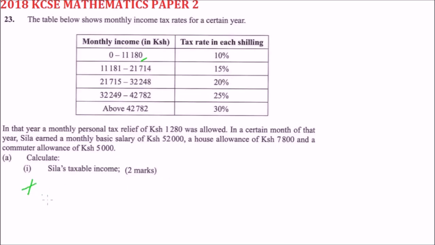Taxable income, we add the basic salary, which is 52,000. You add to the house allowance of 7,800.